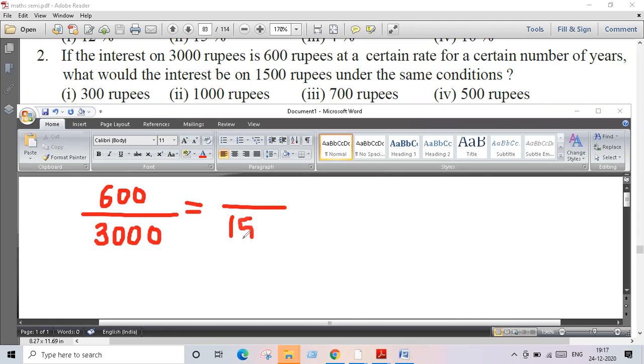So obviously, see here, the principal becomes half. 3000 became 1500, it became half. Therefore 600 will also become half.